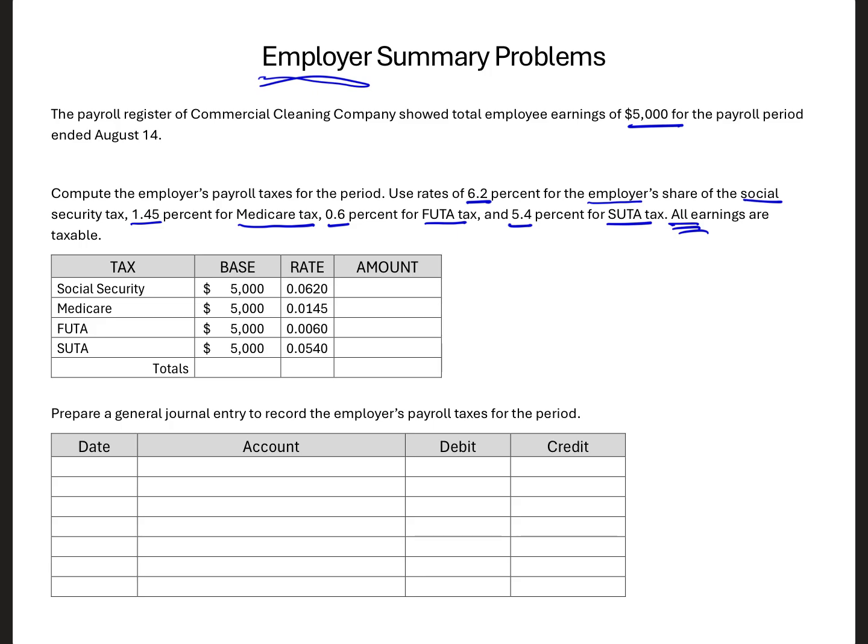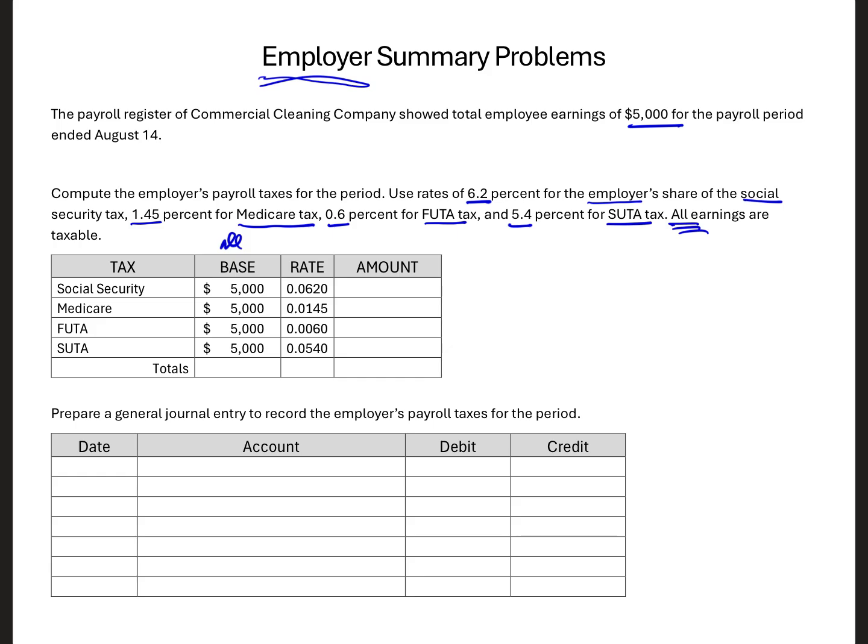So we are given a chart here, and we're putting in our base amount, since it says that all of the payroll is taxable. We're filling in $5,000 as our base for each of these taxes. And then I've simply changed our percentages into decimals.